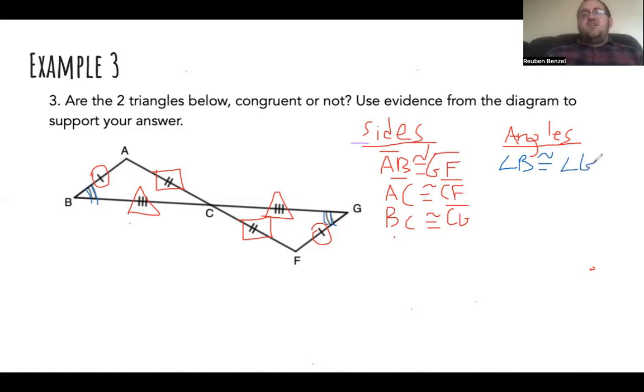And I could also trace the diagram here. It has that bow tie, hourglass type of effect, so I'm going to trace it with a thicker marker. Here I go, nice and bold. I can see that I have vertical angles going on.